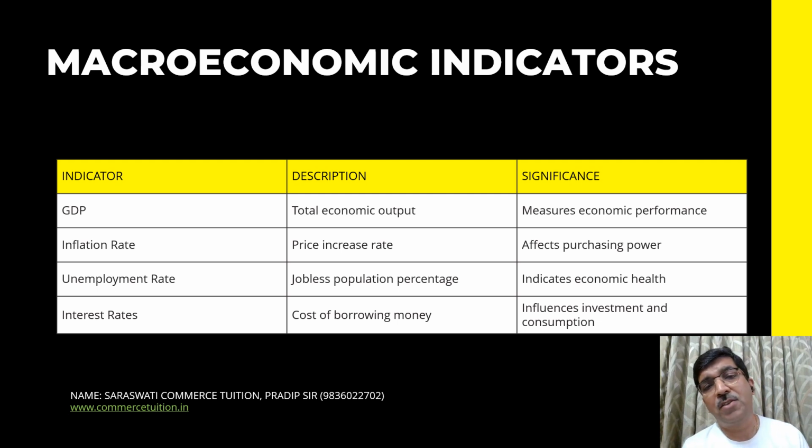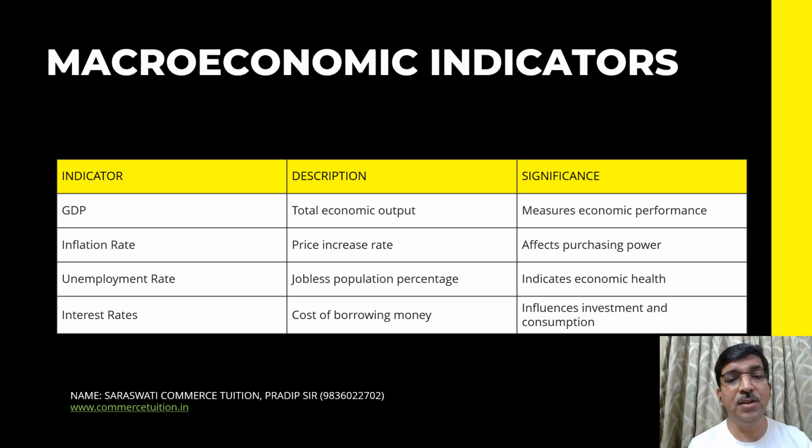Now the second, macroeconomic indicators. What are the macroeconomic indicators? This is the small chart here. The headings are indicator, description and significance. GDP, gross domestic product, means total economic output. Significance: it measures economic performance. Based on GDP, we can measure the economic structure of India or any other country.